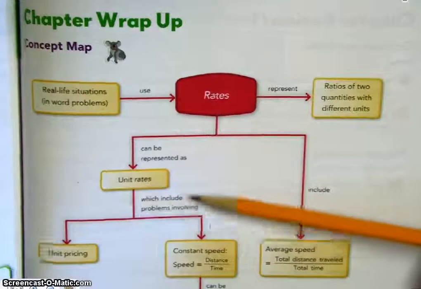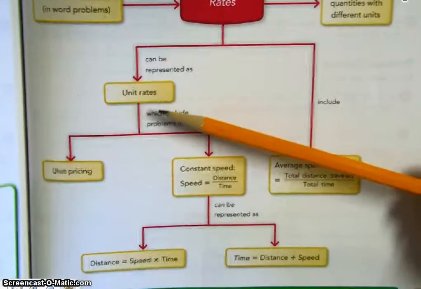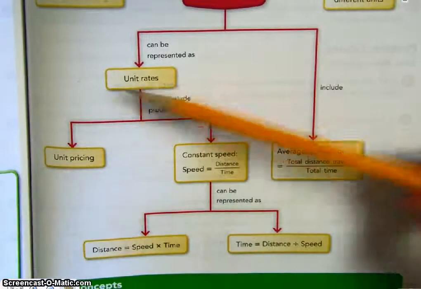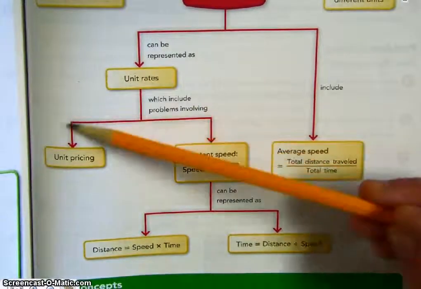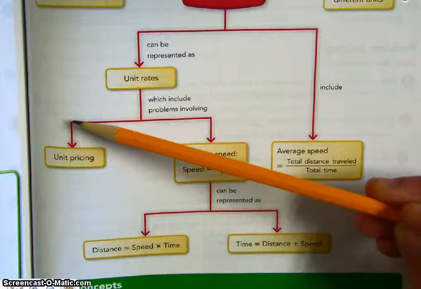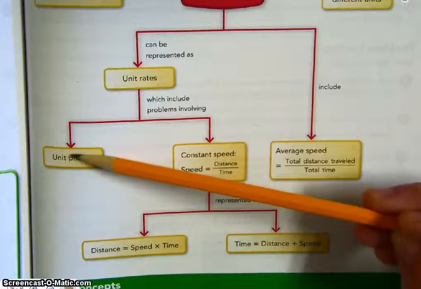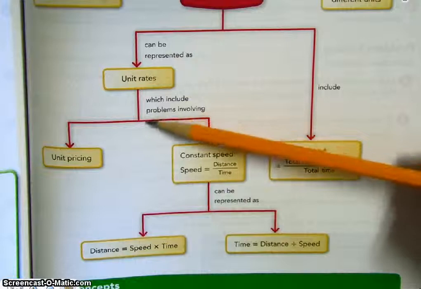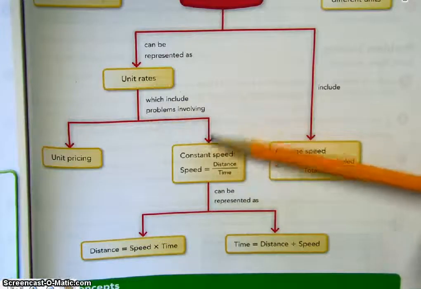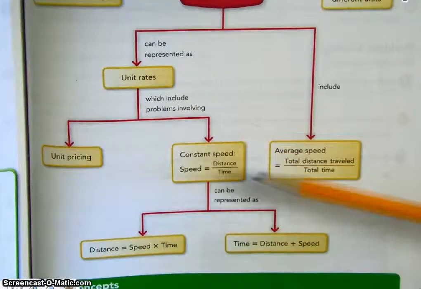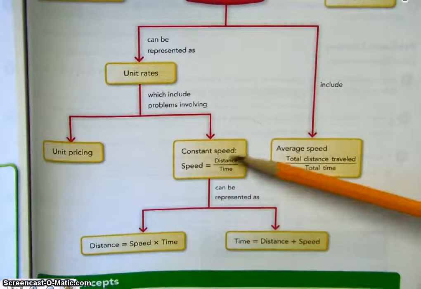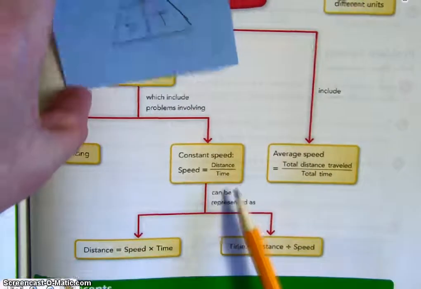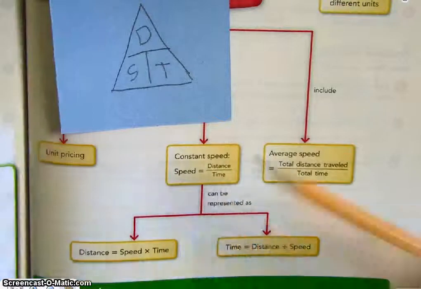Once we find a unit rate, how much for 1 unit, whether it was 1 pound or 1 avocado, then we can say, okay, if it's 1 avocado for 75 cents, I can find out how much 5 avocados are by timesing it by 5. And it includes problems involving constant speed. And that's what I just did with our triangle. Obviously our triangle is just an extension of what we're doing here.